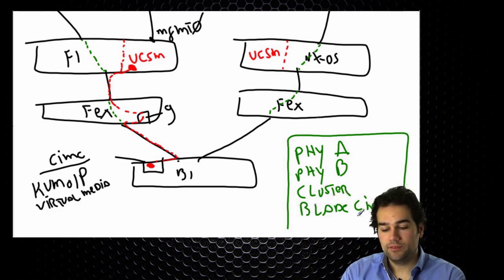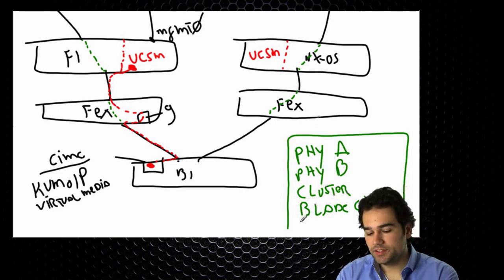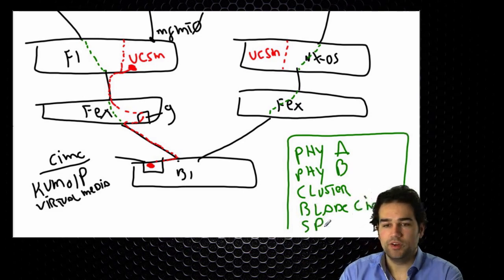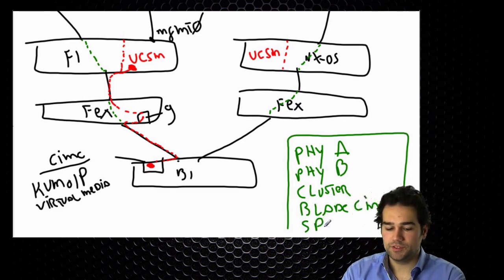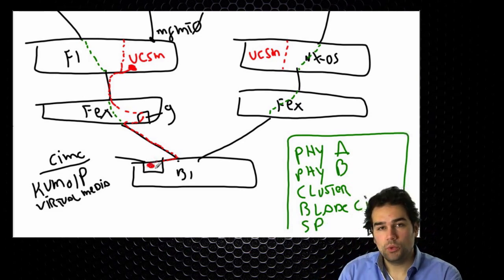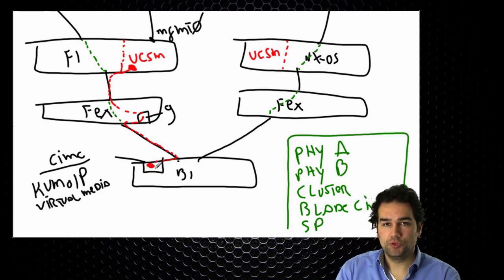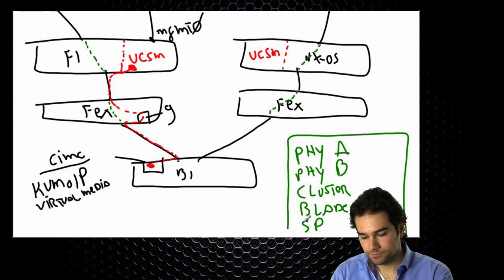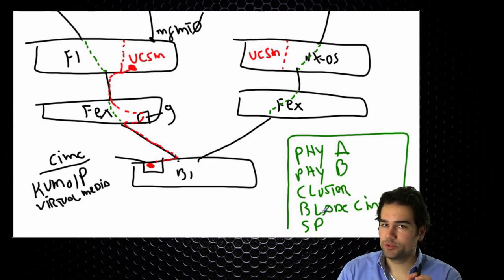Now there's even a fifth option here, and that is that I can give every service profile its own IP address. So by default, all the blades will get an IP address. But what I can also do is, for example, when I'm using a multi-tenancy environment, I can give the service profile an IP address.